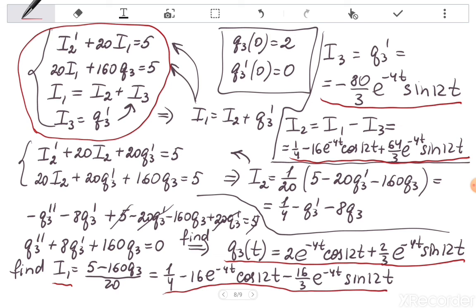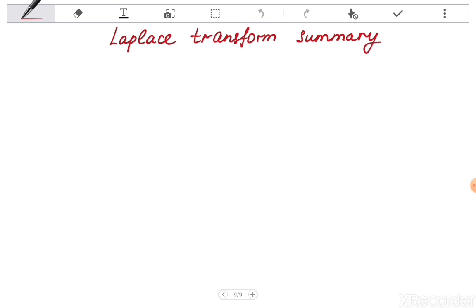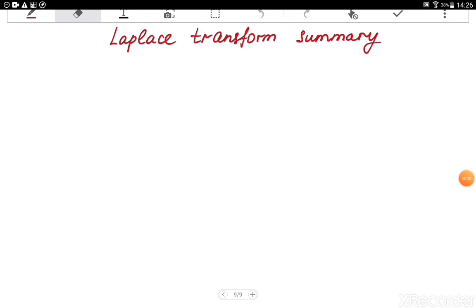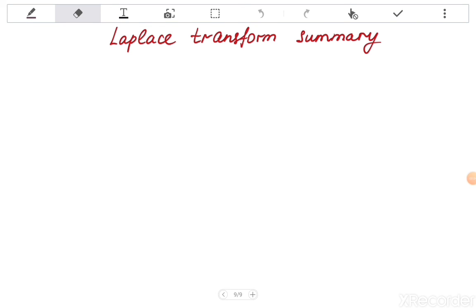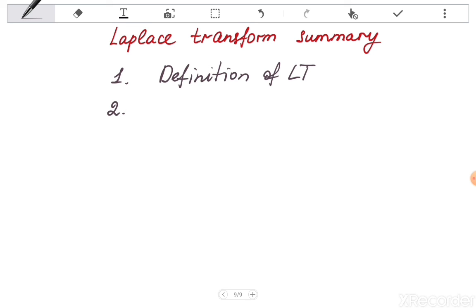And let me now give a summary of Laplace transform. Of course, the first thing that you have to learn is the definition of Laplace transform. You have to learn it by heart. No one will remind you the formula for this. And also you have to know how to apply all properties.